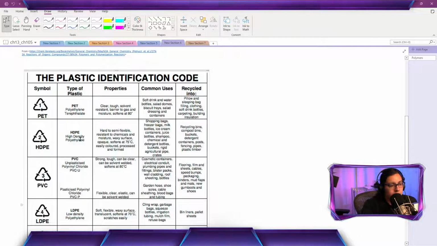And then high density polyethylene, which just means that it's usually packed tighter together. And so this is going to be harder. Shopping bags are made out of this, a lot of bottles, and they can be recycled into recycling bins, containers, and posts.